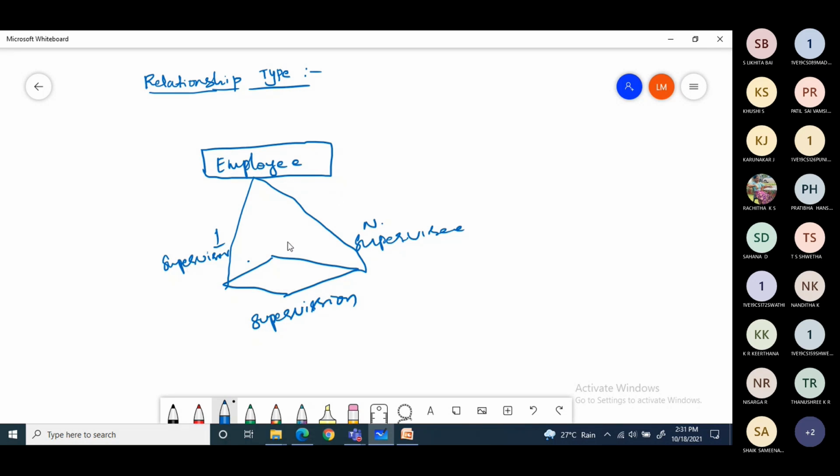So recursively we can call this relationship type: an employee supervising n employees, or n employees supervised by one supervisor. Okay, n employees supervised by one employee. This is called a recursive relationship type.